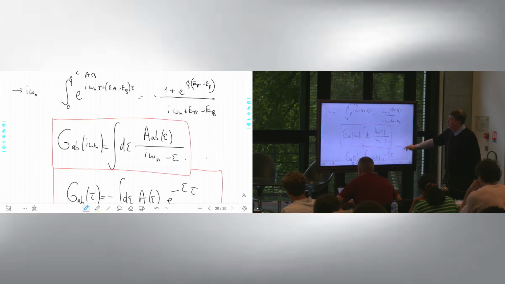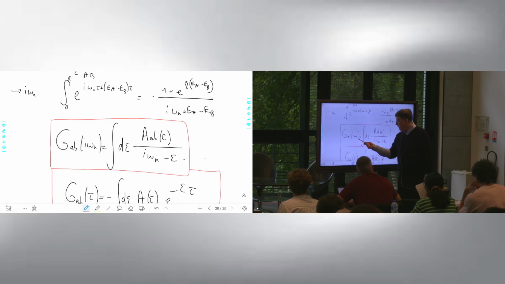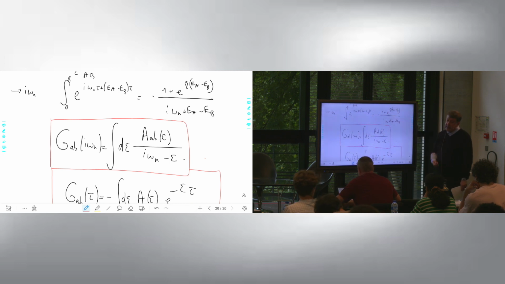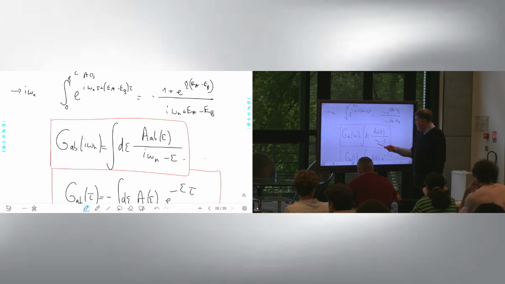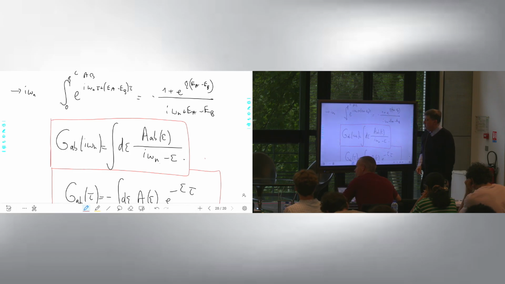So the important part is that you get the Matsubara Green function here in imaginary frequencies. It has the same spectral representation we had before for the retarded Green functions, except the omega plus i0 plus is replaced by i omega n. And the Matsubara representation is chosen exactly to have this property. That's why you take the two beta periodic functions and all of these, because a priori you could take something different in imaginary time, and because of the choices of the definitions, we'll have exactly that relation.